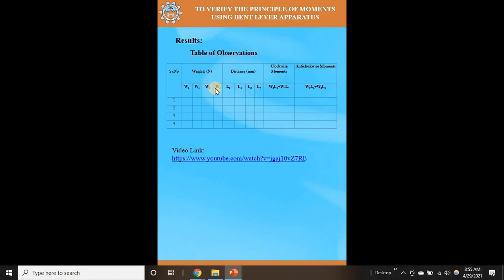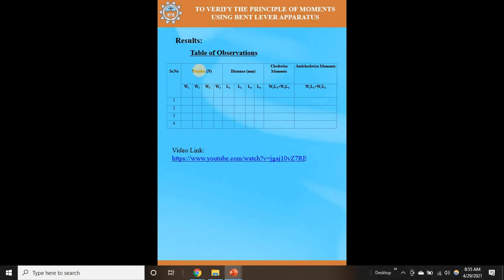Now you will see which forces are causing clockwise moment and which are causing anti-clockwise moment. You will sum the moments on the right-hand side and on the left-hand side.